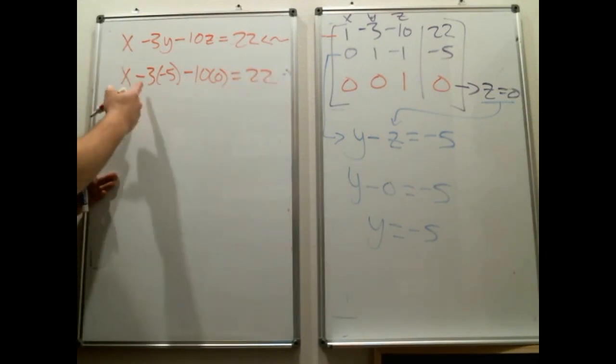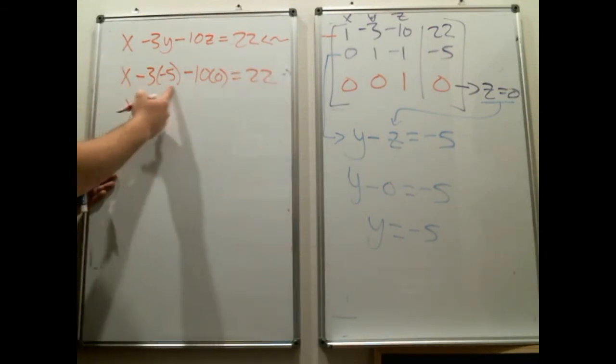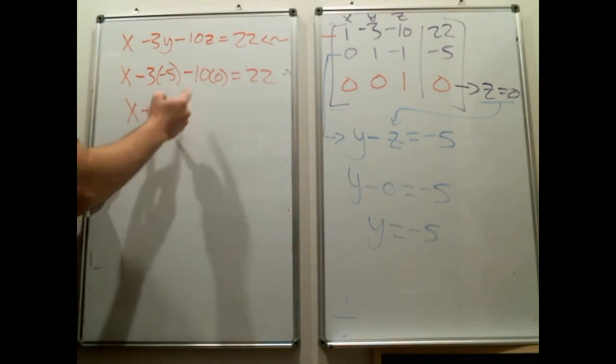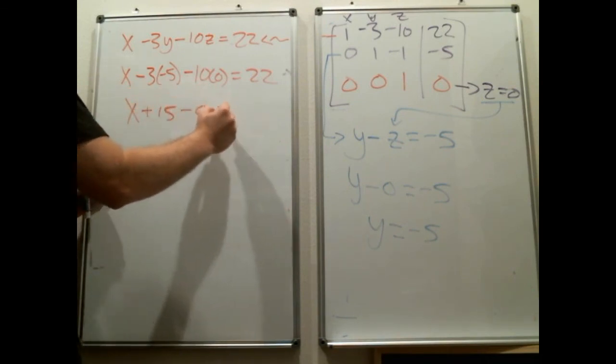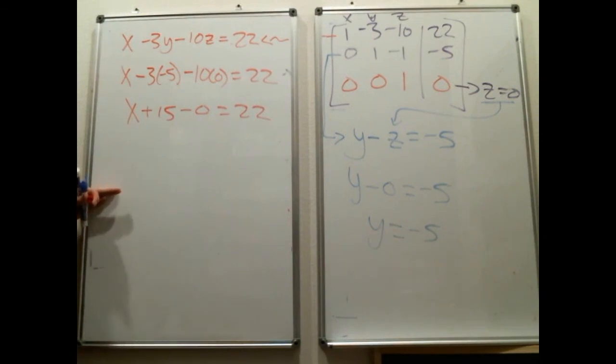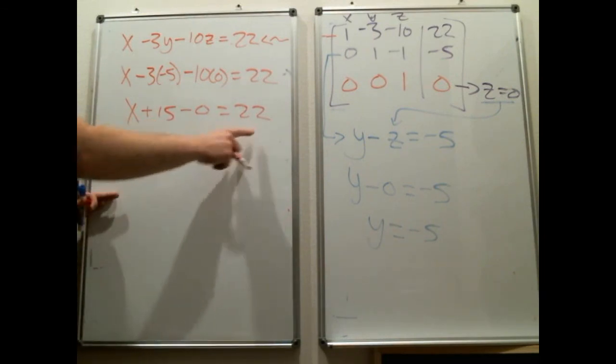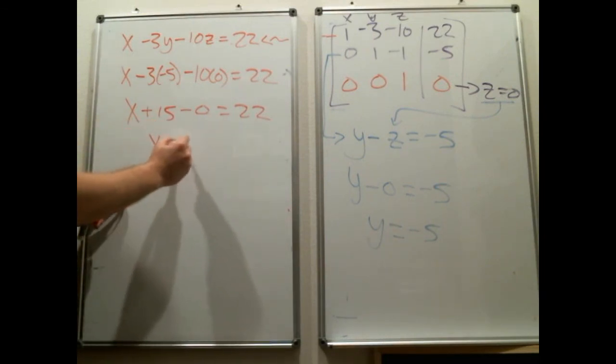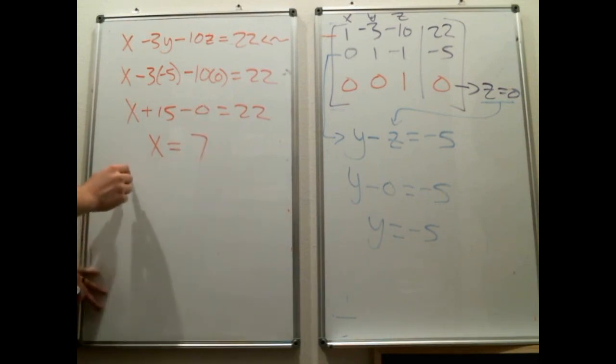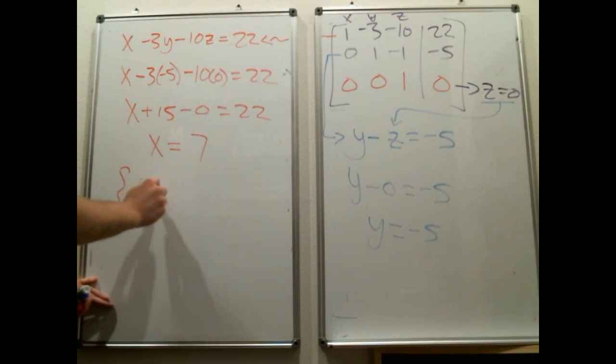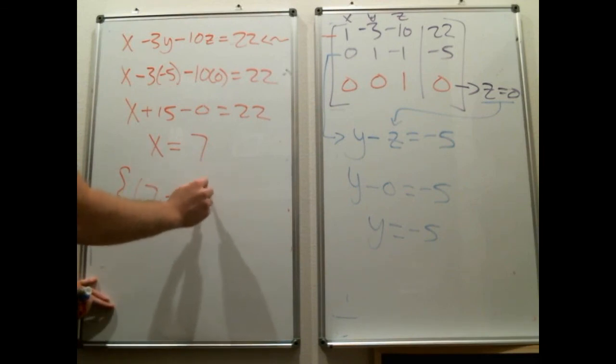So x, this becomes positive 15. This is minus 0, which is equal to 22. And so we need to subtract 15 from both sides. So x is equal to 7. And our answer is 7, -5, 0.